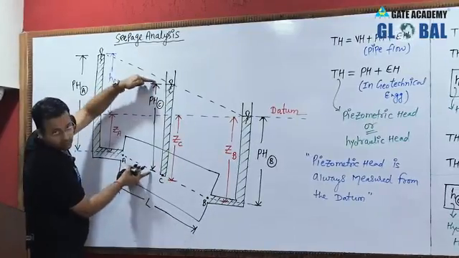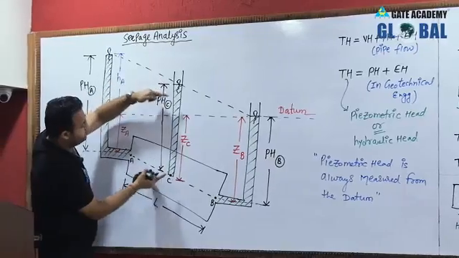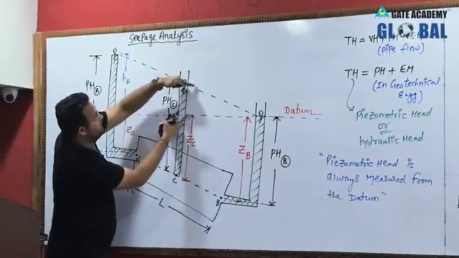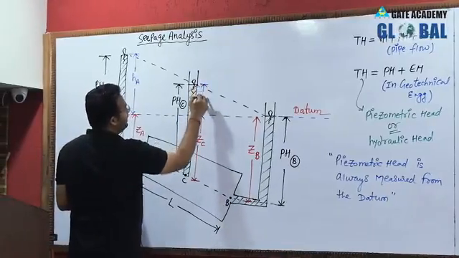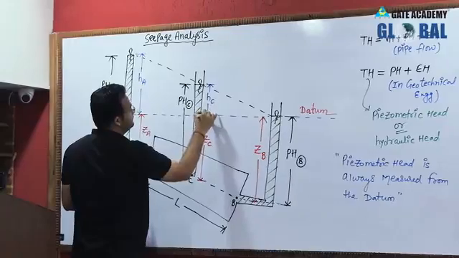So from this value you subtract this value, and this much is the hydraulic head at C.